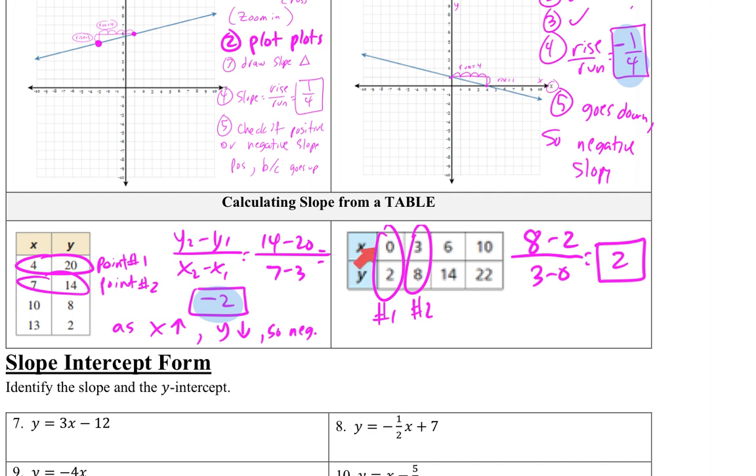Okay, and that makes sense, right? As x increases, y increases, so positive slope. Okay, so that's something to keep in mind.